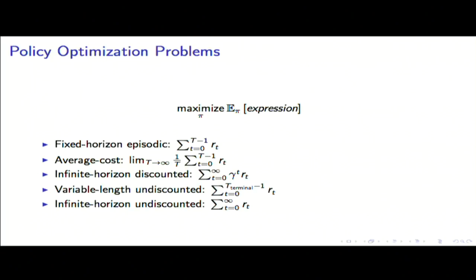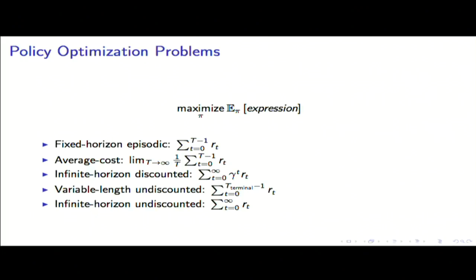Or sometimes we look at a formulation where the trajectories have variable length. So sometimes we describe a problem where there's a probability of transitioning to a terminal state, and after you transition to a terminal state, the episode ends.